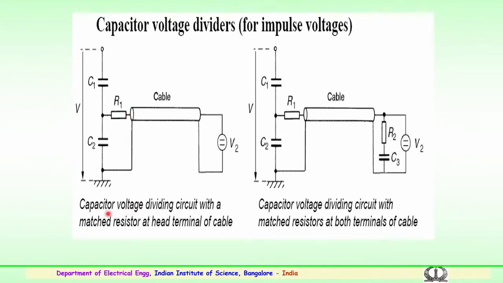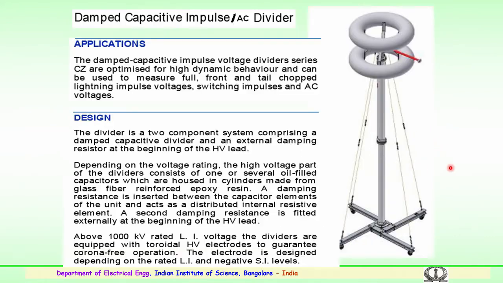Here is the capacitive voltage divider circuit with a matched resistor at the head terminal of the cable, and this shows the capacitive voltage dividing circuit with matched resistors at both terminals of the cable. You can see a suitable matching impedance of the cable is used at the beginning, that is R1, and also R2, with capacitor C3 which could be used for filtering.